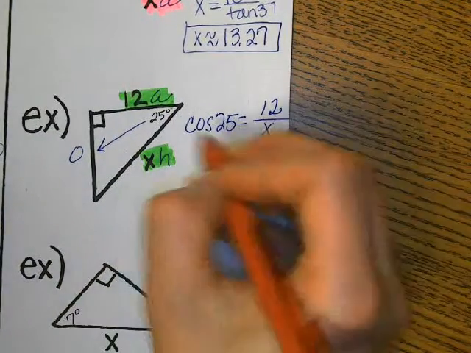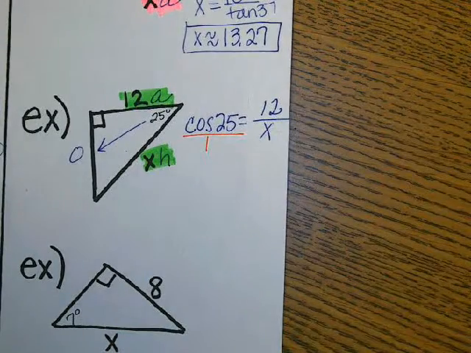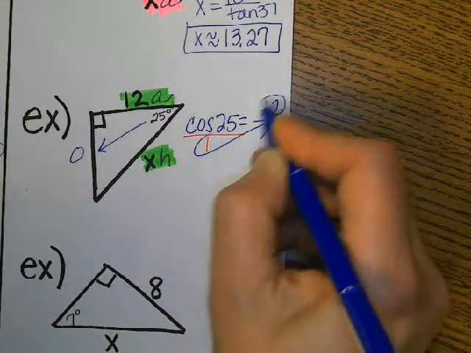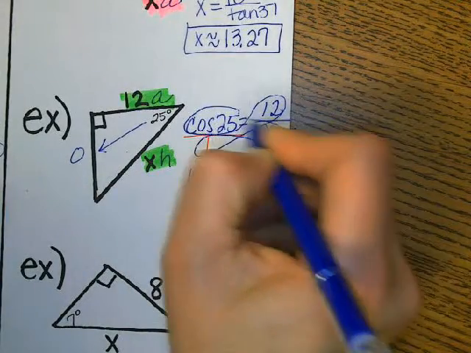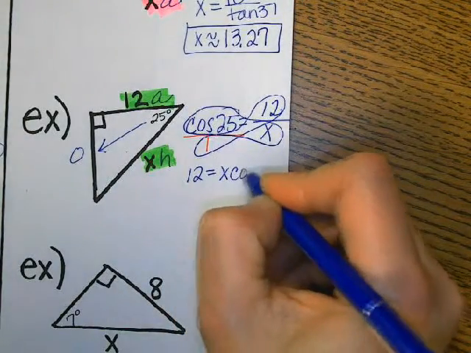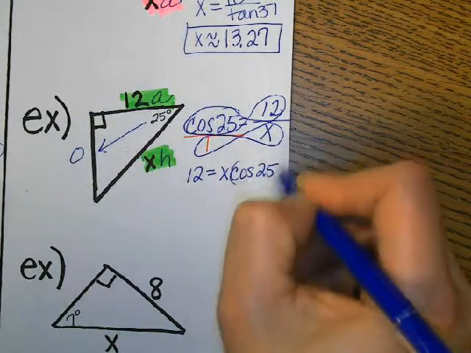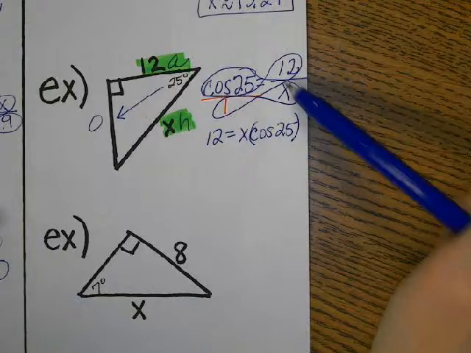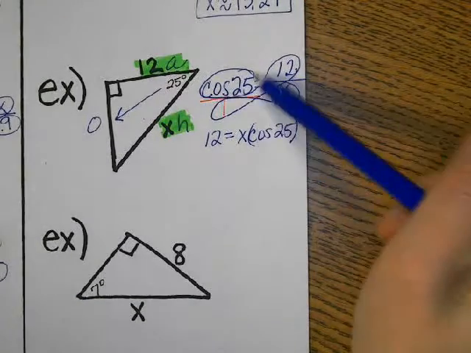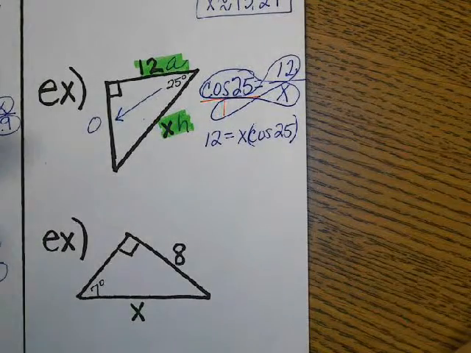Cross multiply. Well, it means we put this one over 1. When we cross multiply, we get 12 equals x times cosine of 25. Remember, I always put the number in front of this phrase. This phrase always stays together.